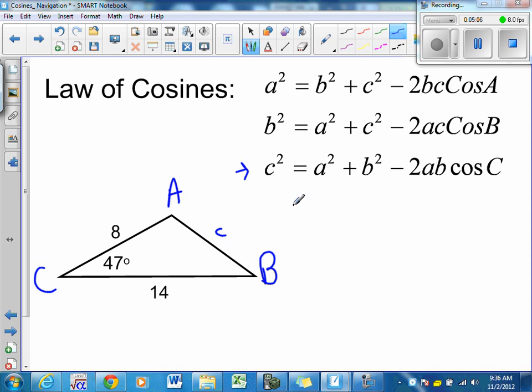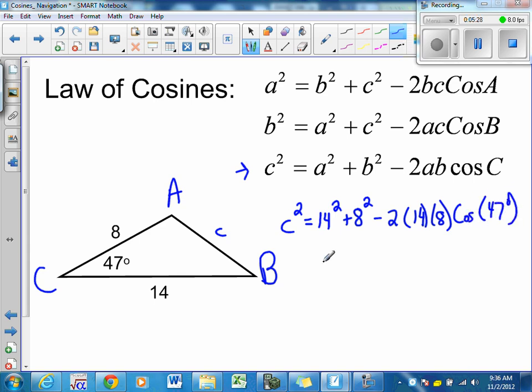So that means I'm going to use the bottom formula, which says c squared is a squared plus b squared minus 2ab cosine of angle C. Biggest mistake people make here is they try to do all the addition and subtraction before they multiply. So you have to take 2ab times cosine of C.